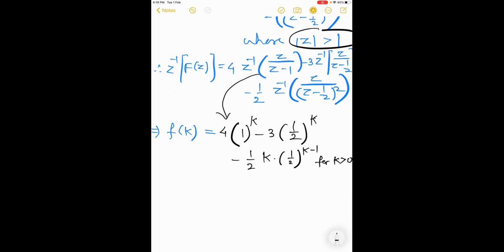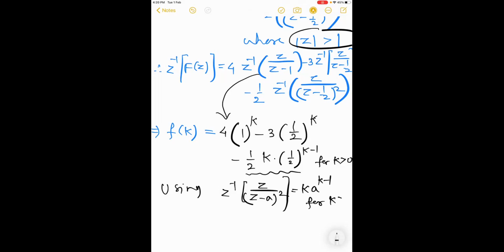So finally, the third term formula, you have to check whether it is there in the list or not. Otherwise you can add it using the inverse transform: Z inverse of z upon z minus a the whole square is k into a raised to k minus 1, for k greater than or equal to 0, if mod z is greater than mod a.